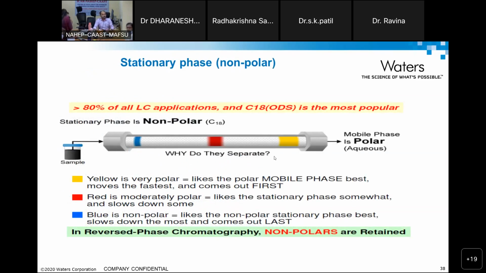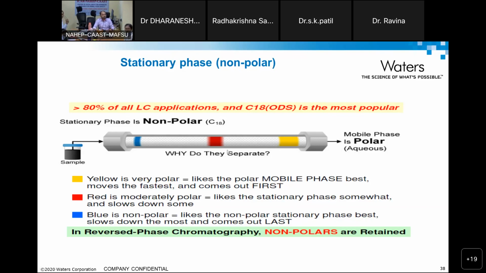Now suppose there are three different compounds which are represented in yellow, red and blue in color. Consider this as a reverse phase column, a non-polar column, basically a C18 column. Yellow, being a highly polar compound, likes the polar mobile phase, moves the fastest and comes out first from the column. Red, being moderately polar, somewhat likes the stationary phase.